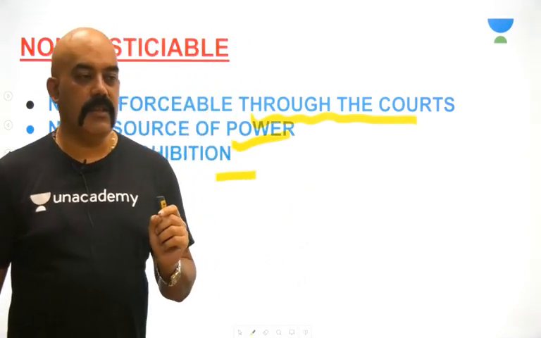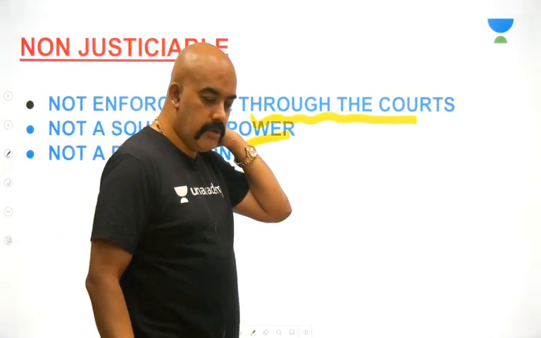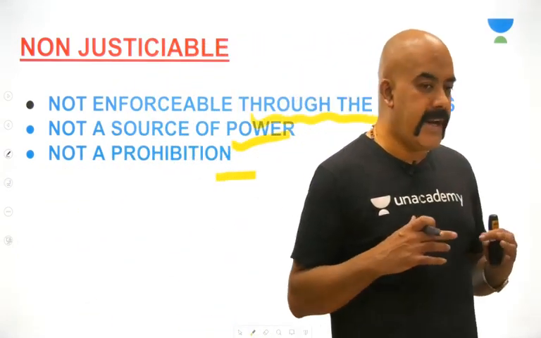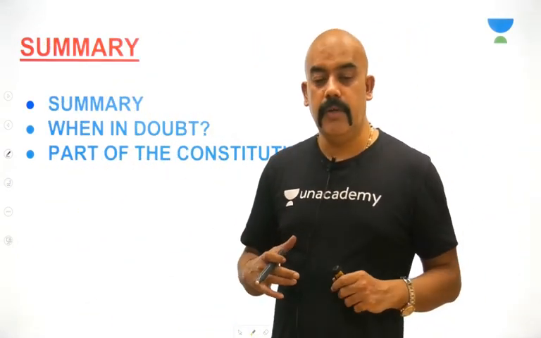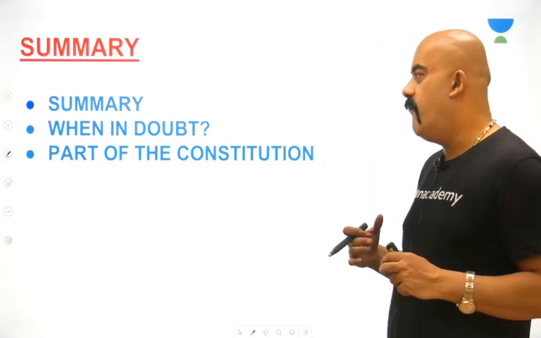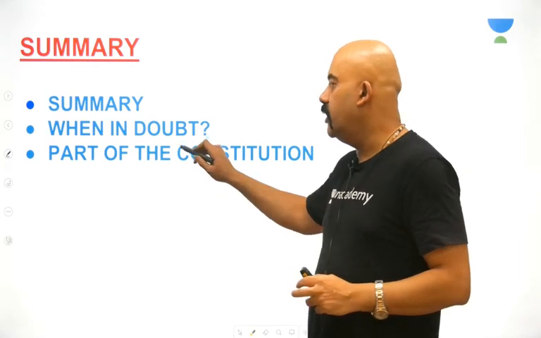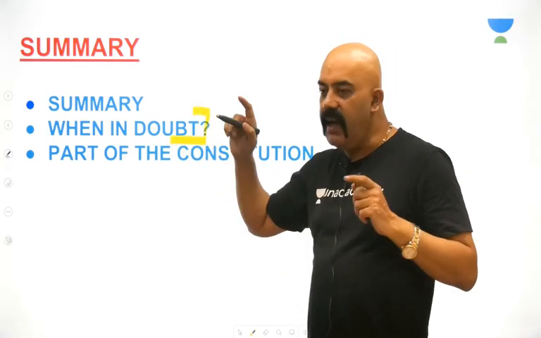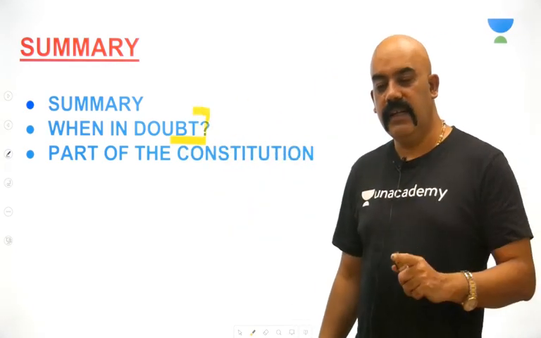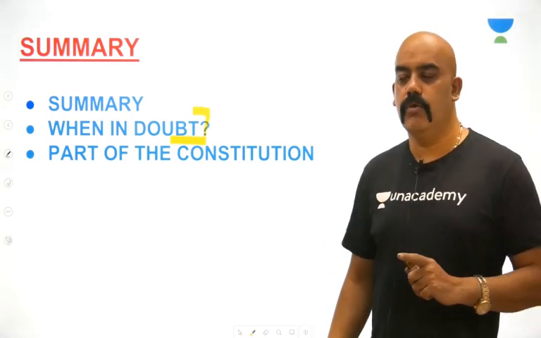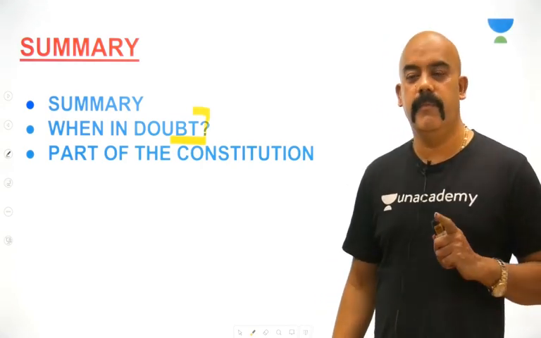It is only when you are in doubt, when you are not sure whether you are understanding the Constitution or not, then you look at the Preamble. Till that time, it is neither a source of power nor a source of limitation.